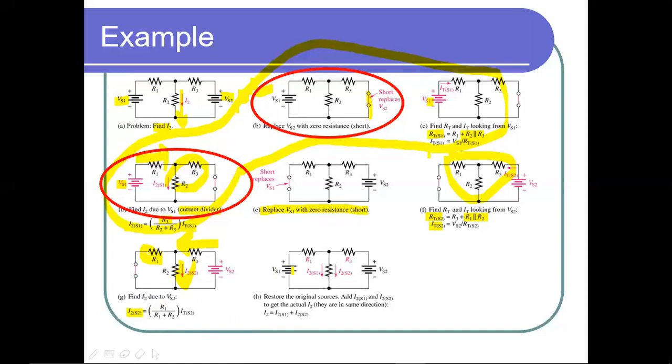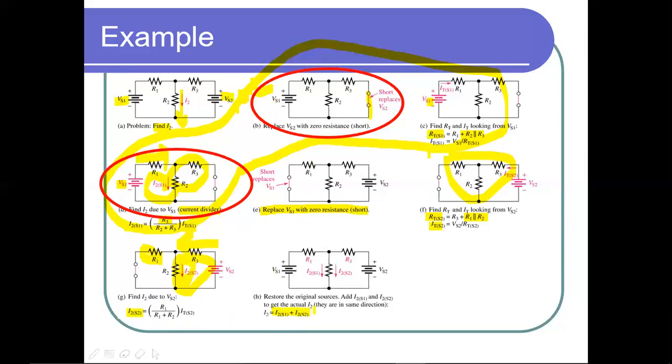By making Vs1 active, you know the current I2S1, that is one current, and by making Vs2 active, you know the current I2S2. Then you have the two currents, I2S1 and I2S2.